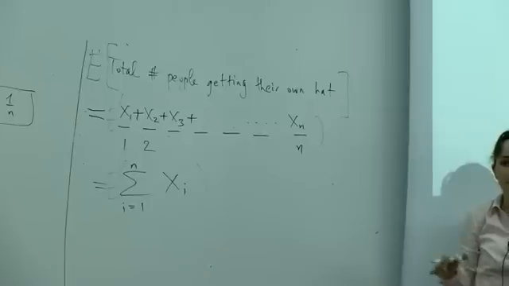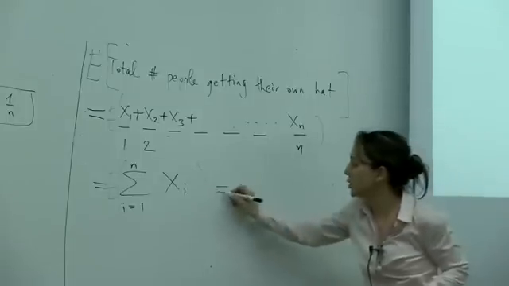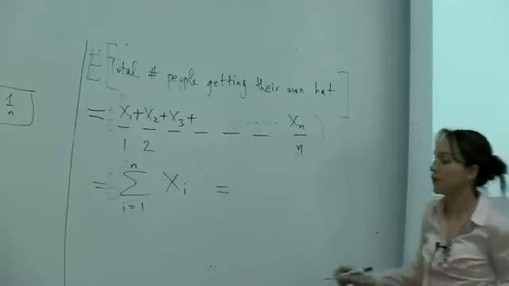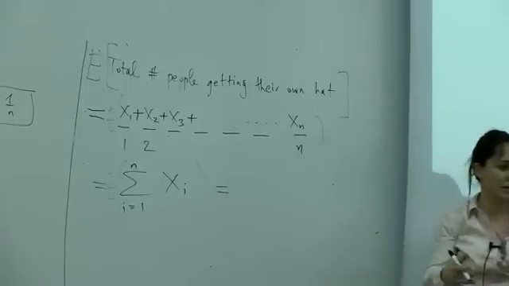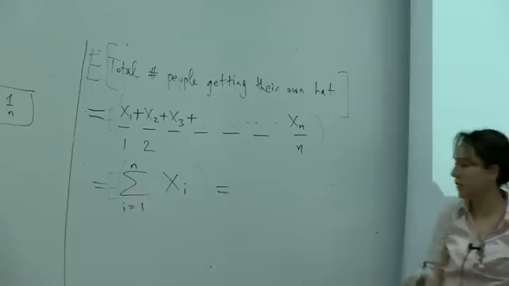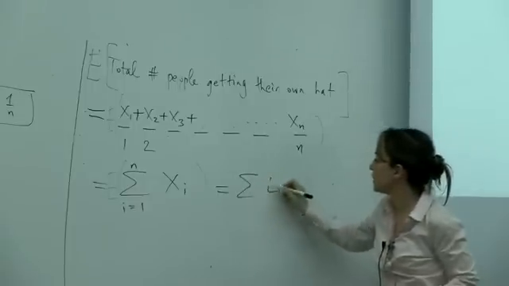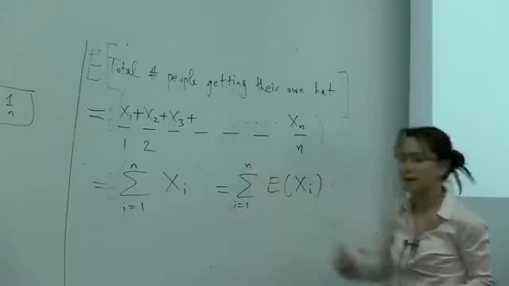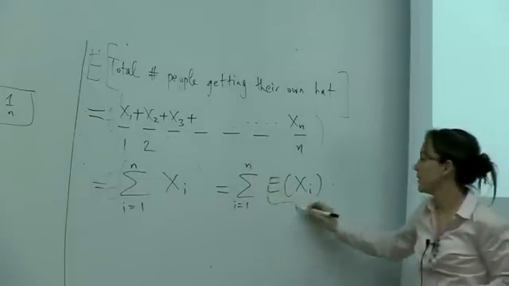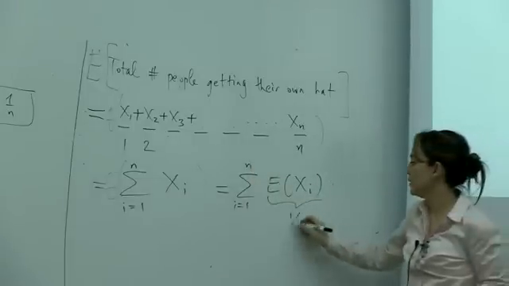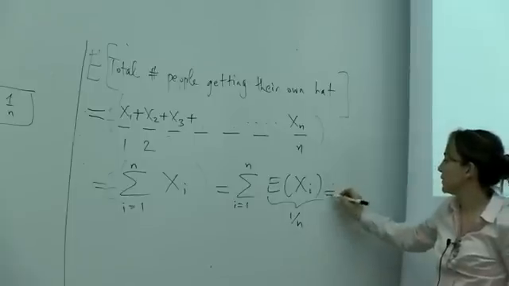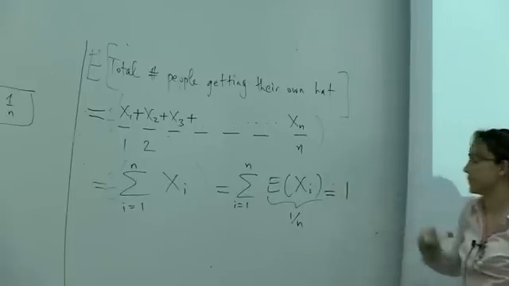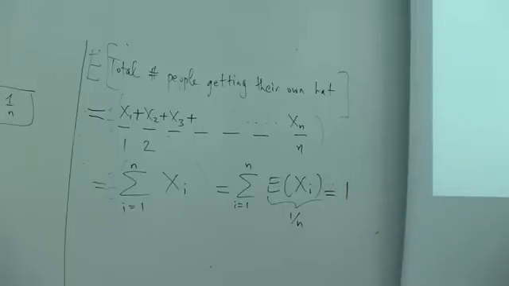We know by linearity that the expectation of a sum of random variables, whether or not they are dependent or independent, is the sum of the expectations. The expectation of xi is 1 over n for every i. So this is 1. Okay?